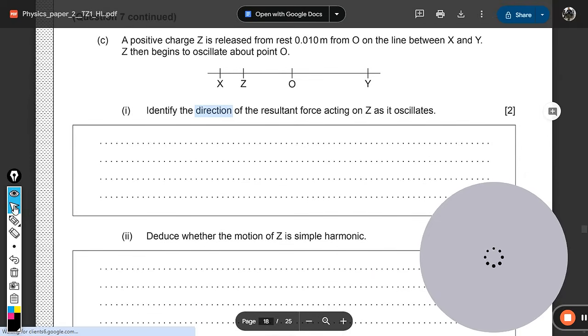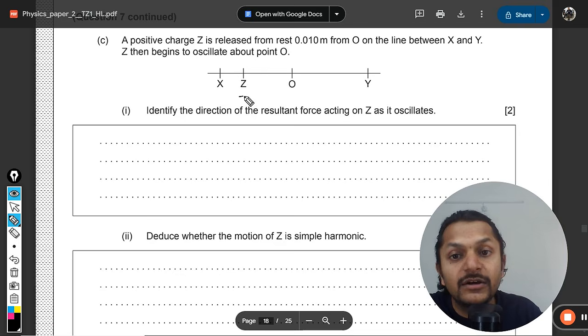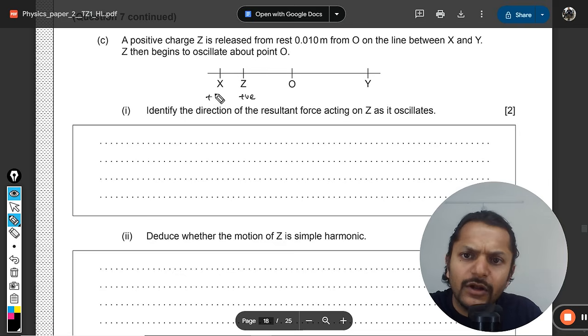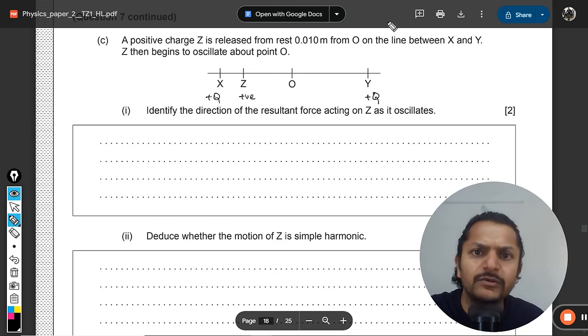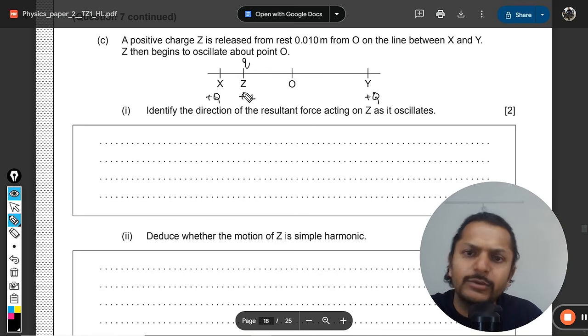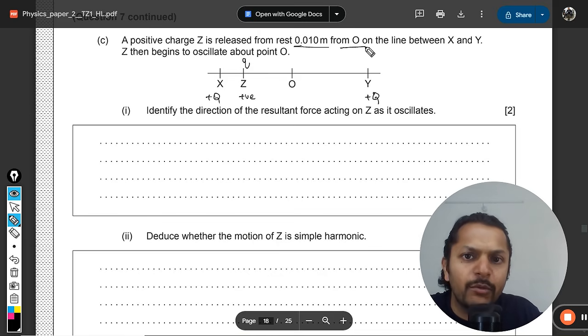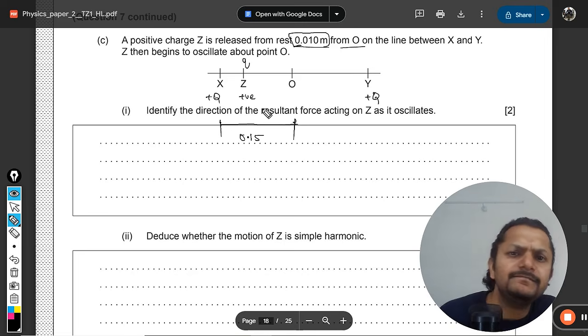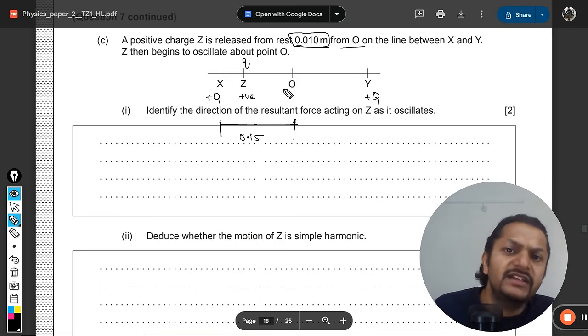Now, a positive charge Z is released from rest. This is another positive charge, by the way. This was already positive Q, and this is also a positive charge Q. I'm just assuming it to be small q, and it is released from rest at 0.10 meter from O on the line between X and Y. The total distance given from O to X was 0.15, so he's talking about 0.015, which is very, very less.